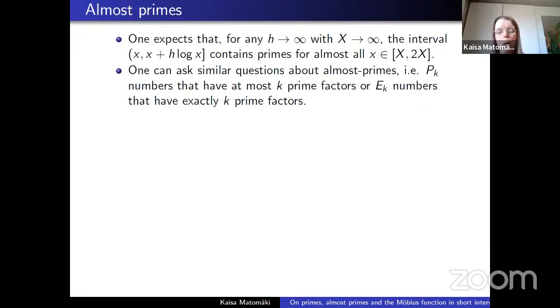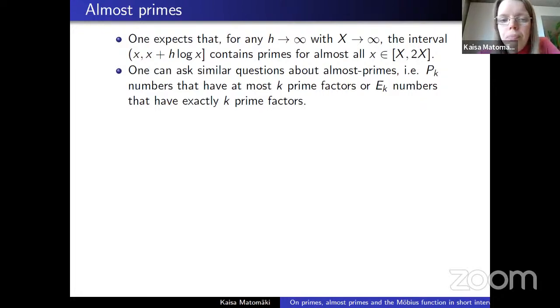So we say that a number is an almost prime if it has very few prime factors. In particular, if we have a P_2 number, then it's a prime or a product of two primes. But if we have an E_2 number, then it's a product of two primes.